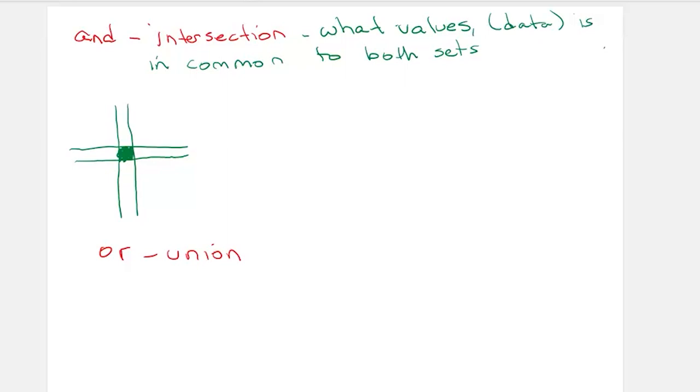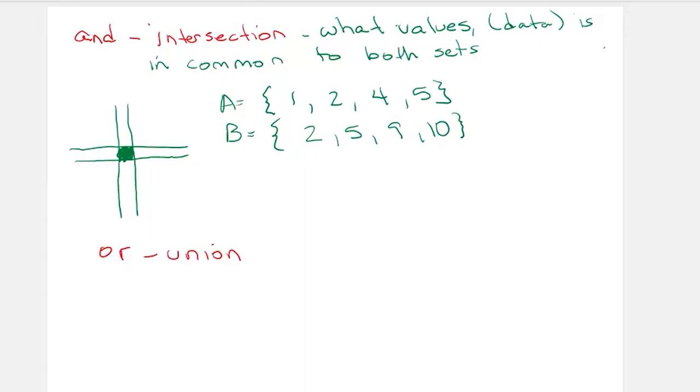What else can I say about intersection? I can give you an example using just a set of numbers. Let's say I have 1, 2, 4, 5. Let's call this set A, and we'll call set B 2, 5, 9, 10. Now we want to know what is the intersection.